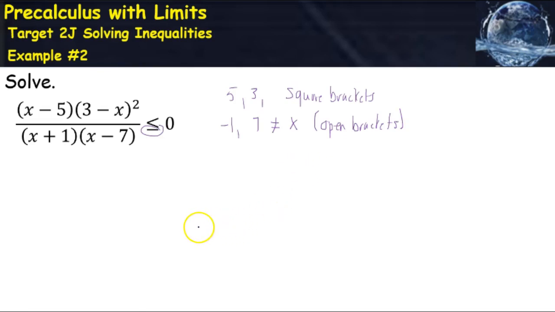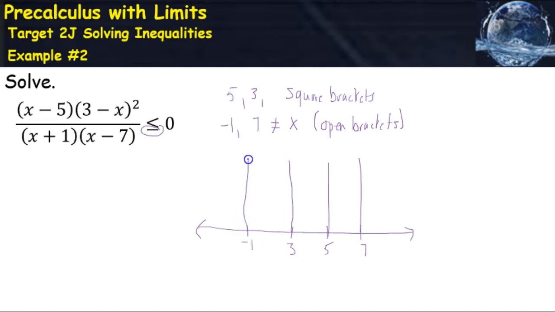Okay, so now I'm going to do my number line. And I have to put these in order, so it looks like the smallest one is -1. And then there's a 3, a 5, and a 7. Now my factors are x minus 5, and then I have 3 minus x.